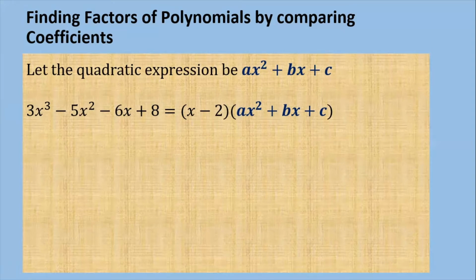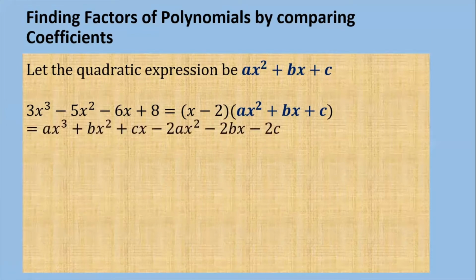Right, what do we need to do now? Well, you need to remove the brackets and multiply throughout. So that will be x times ax squared, which is ax cubed, x times bx, that's bx squared, x times c, it's cx, minus 2 times ax squared, minus 2ax squared, minus 2 times bx, minus 2bx, and minus 2 times c is minus 2c. And then what do we need to do?